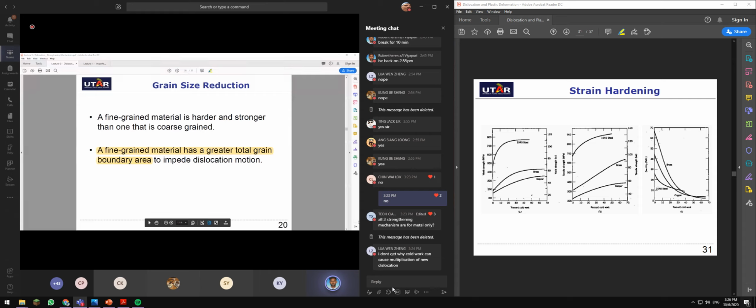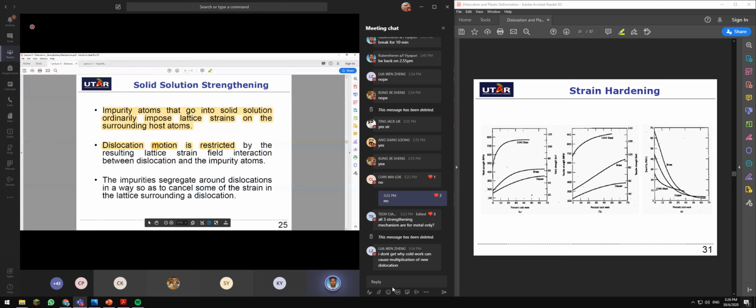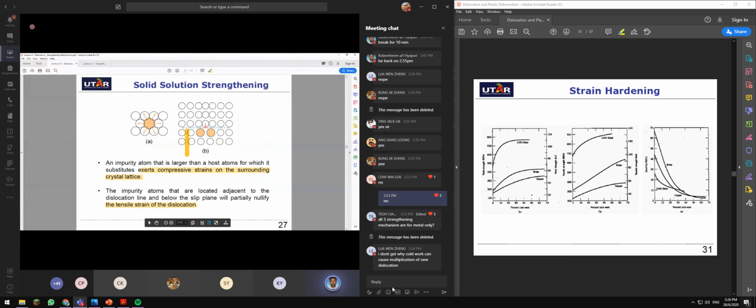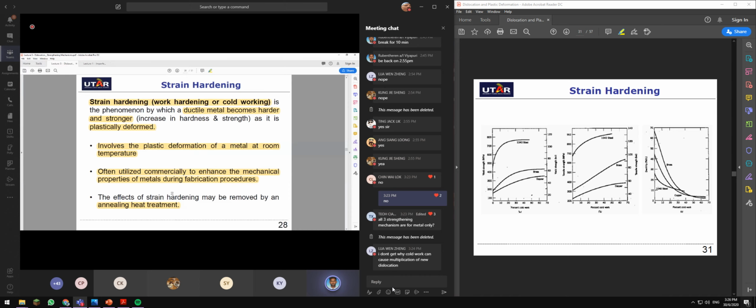I have a question here: I don't get why cold work can cause multiplication of new dislocations. With cold work, you are forcing the material to dislocate in a maximum manner so that you have maximum plastic deformation.